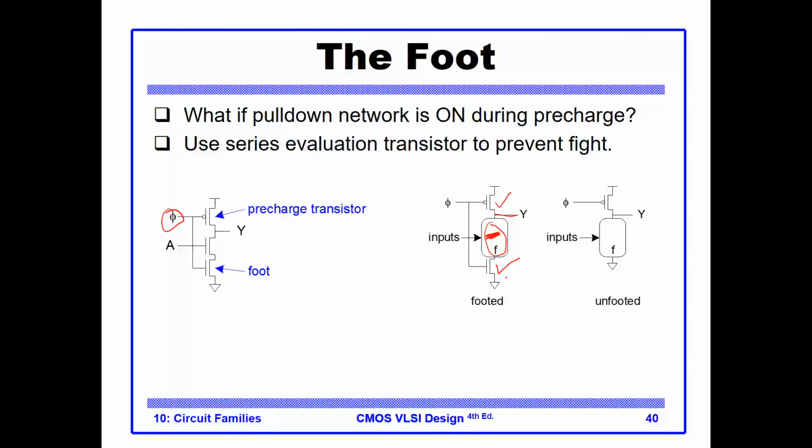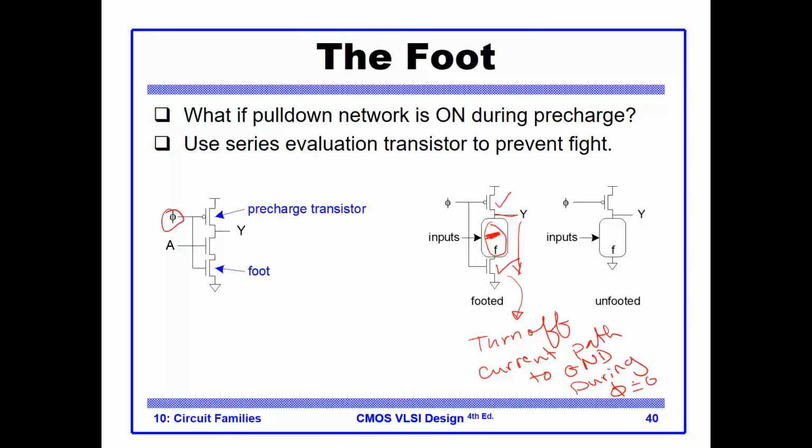Well, let's just explain why we have it in the first place. This evaluate transistor right here, its main job is to turn off the current path to ground during phi equals 0, during the pre-charge.